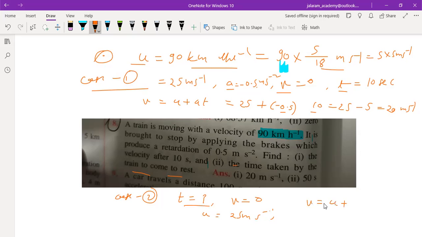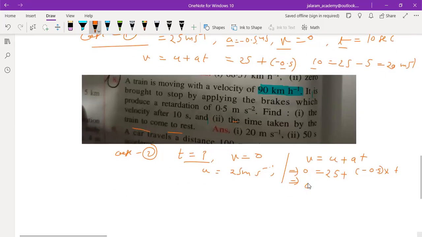So use v equals u plus at again. Final velocity is 0, initial velocity is 25, acceleration is minus 0.5 into t, which we have to find. So when we transfer this 0.5 t to the left hand side, it is equal to 25. It implies t equals 25 upon 0.5, that is 50 seconds. Is that clear to you now?